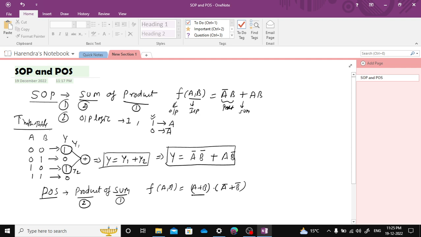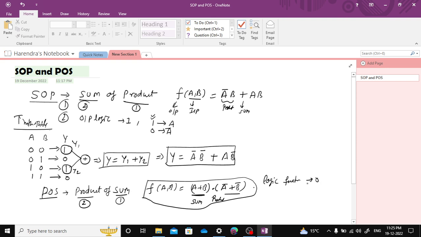So here this is the sum, first sum A plus B, then product. So first sum the input variables, then product. So such type of form is known as POS.